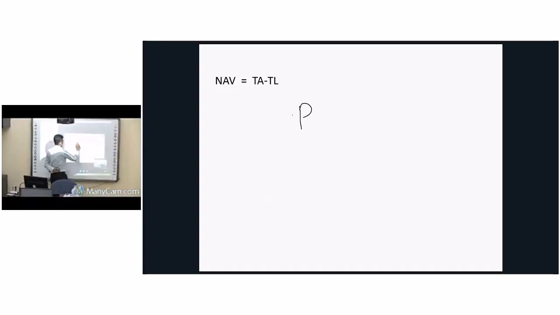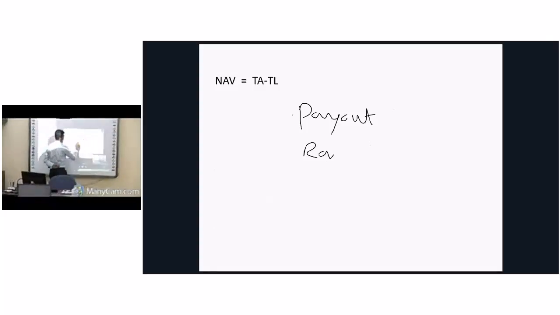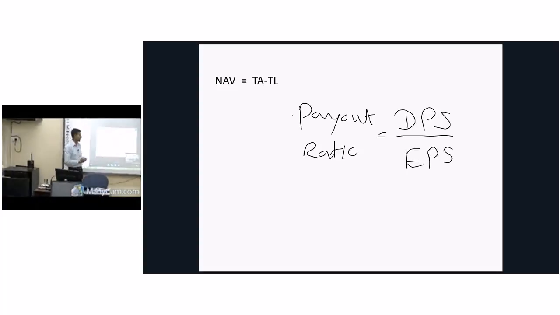I'll write it here. Payout ratio is basically DPS divided by EPS. In other words, from the total earnings, how much the company has given as dividends to the shareholders.